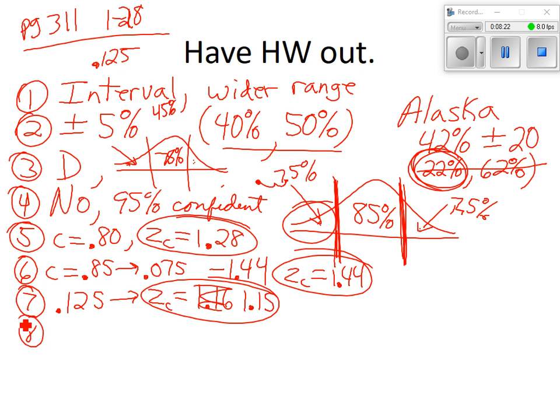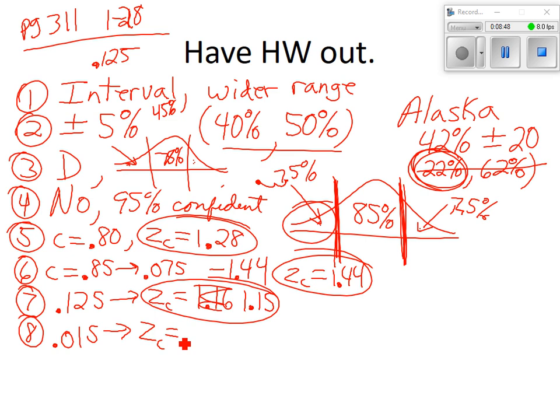Number 8, 97%. Do I need to keep drawing the little thing? I'm running out of space. We have 97% in the middle. How much is the two ends? 1.5 each. So that's 1.5, that'd be 0.015. We look that area up on our chart. That's on there. What's that tell us?